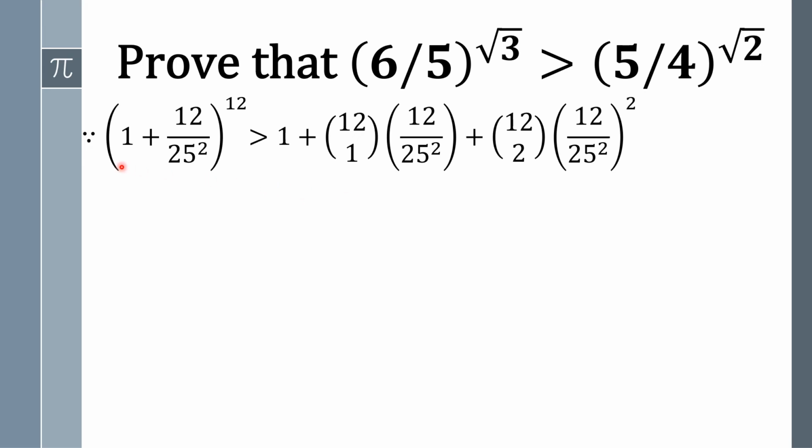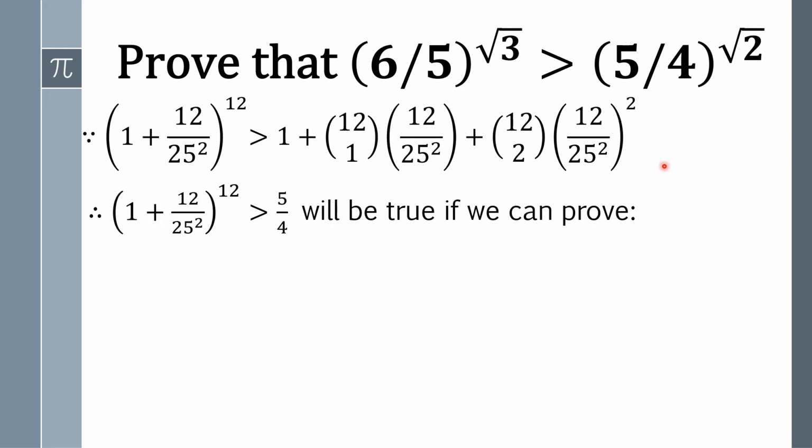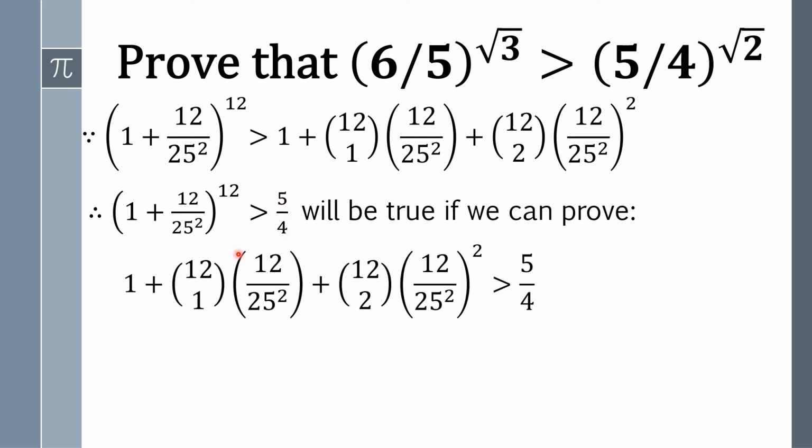So the polynomial is larger than the sum of the first 3 items. So if we want to prove (1 plus 12/25²)^12 larger than 5/4, we need to prove the sum of the first 3 items of its binomial expansion larger than 5/4.